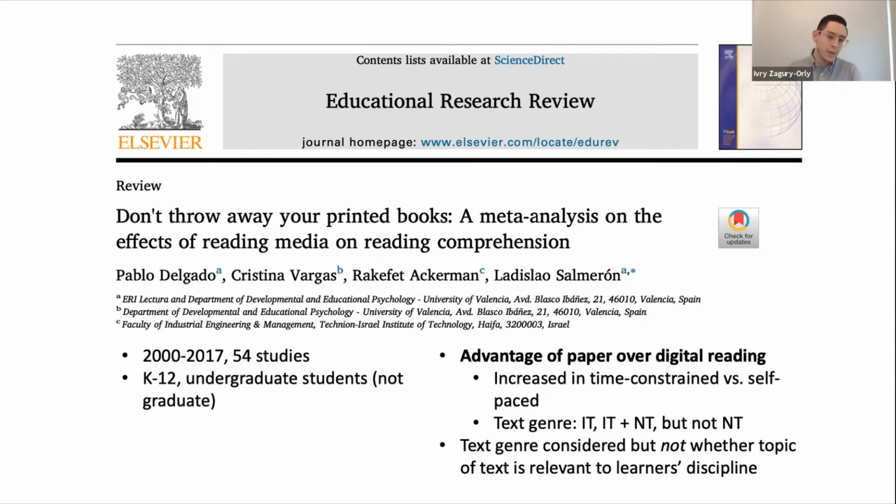What they did not look at was whether the topic was relevant to the learner's discipline or the learner's field of study. So if the students were in the English class, was the text on an English topic, or if we're taking here an undergraduate degree, was it related to their field of study?